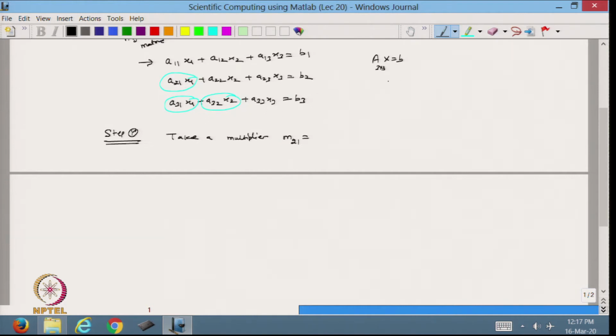Before that, I just write the matrix: A11, A12, A13, and then B1; A21, A22, A23; A31, A32, A33, and this is my B2 and this is my B3. So, this is my augmented matrix A.